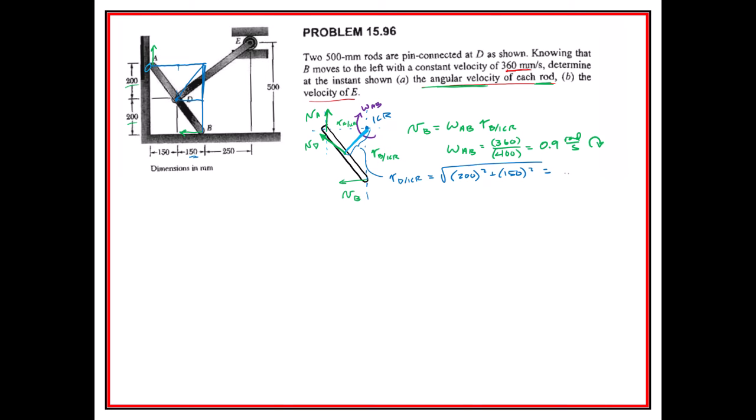So what do we end up with? That ends up being 250. So that might have been a 3, 4, 5 triangle somewhere in there, working out so neatly. Yeah, I'm sure if you multiplied by 50, yeah, that's a 3, 4, 5. Yeah, just with 50 multiplied by it.